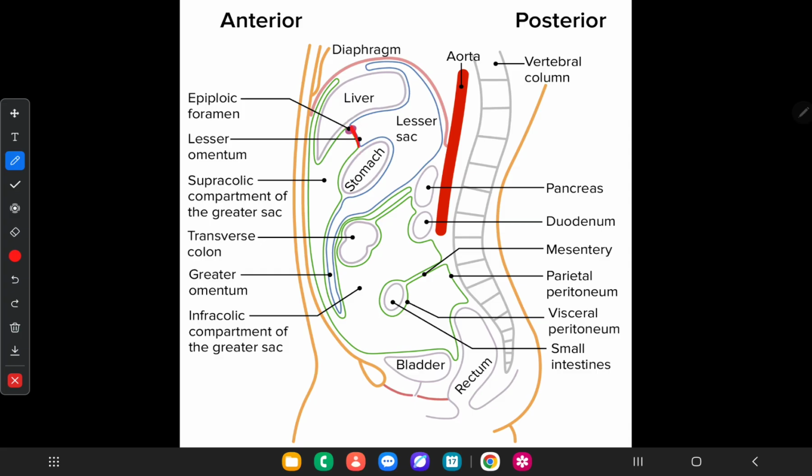Here you can see this part is the lesser omentum. The attachment of the lesser omentum to the liver is discussed in another video. And now you know about the greater omentum, transverse mesocolon, and the lesser omentum.